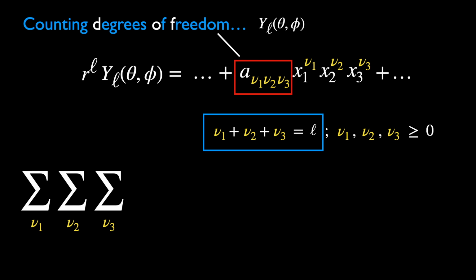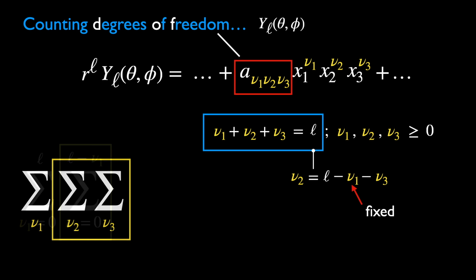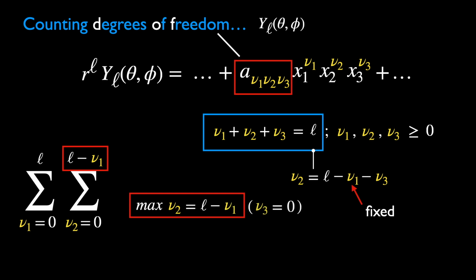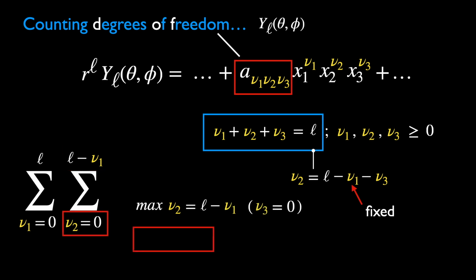This implies that for a fixed nu1, nu2 is related to nu3 like so. So the index nu3 may be eliminated in favor of nu2. The maximum of nu2 in the sum corresponds to nu3 equals 0, and the minimum to nu3 equals L.